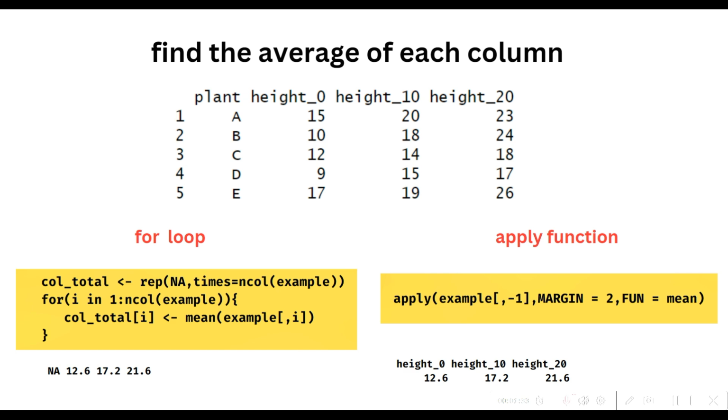If you want to find the mean of each column, we have 2 options. Use a for loop to iterate over each column in the data frame, or use the apply function. You can see the difference. The apply function is far more compact to write than a for loop. So with this small background, let's delve into the details of the apply function.